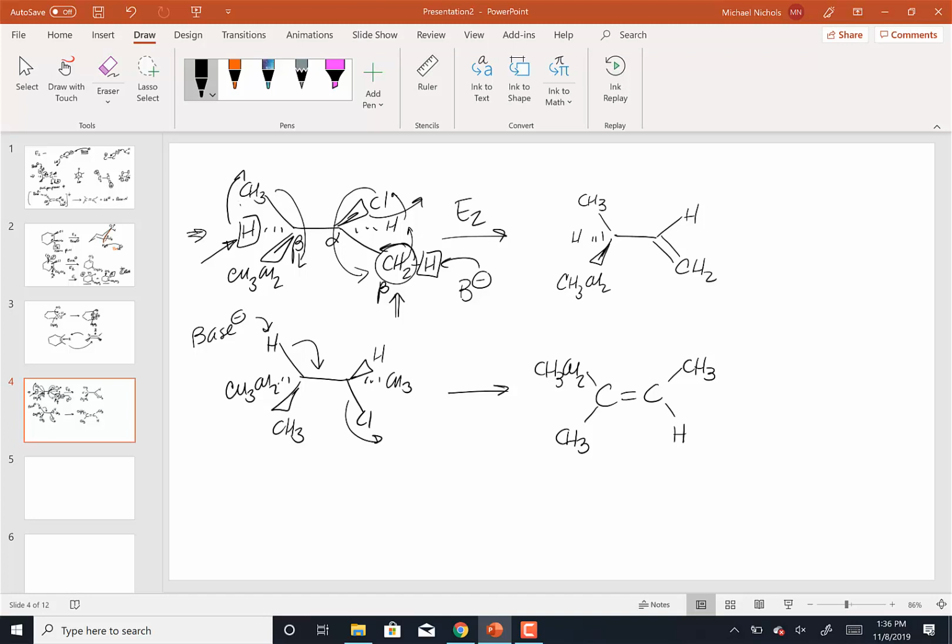Because of the anti-periplanar geometry, this is the only geometry of that product that's formed. And in this case, the methyl groups are trans. So we have to orient this hydrogen over here into its anti-periplanar geometry in order to get the proper stereochemistry of this double bond.